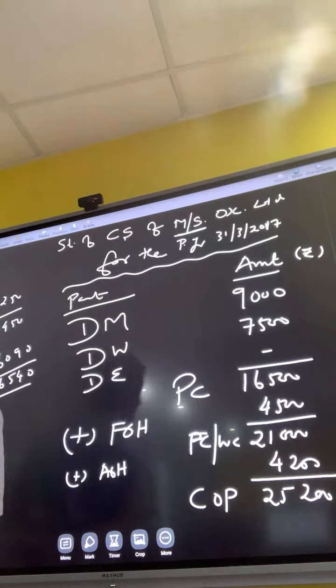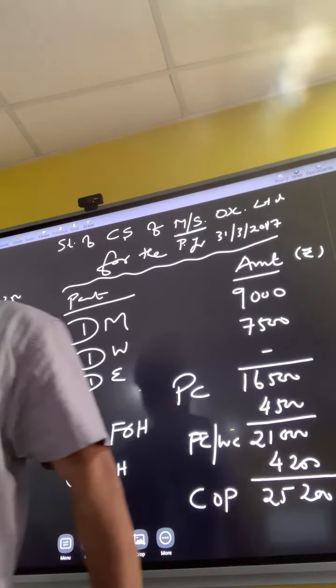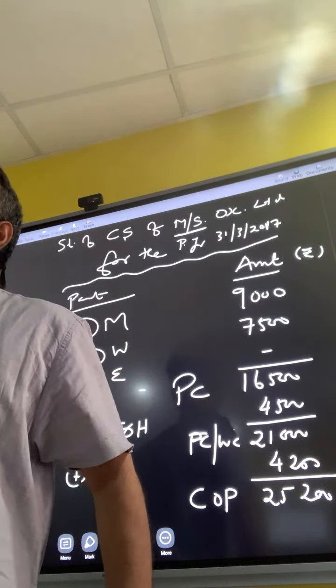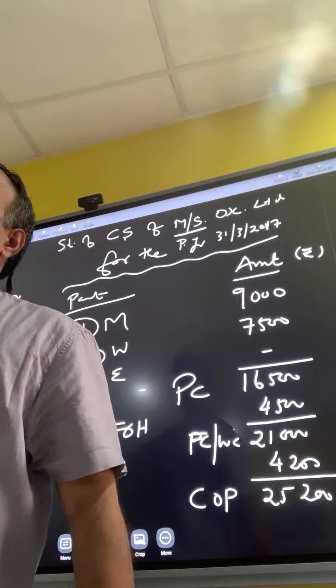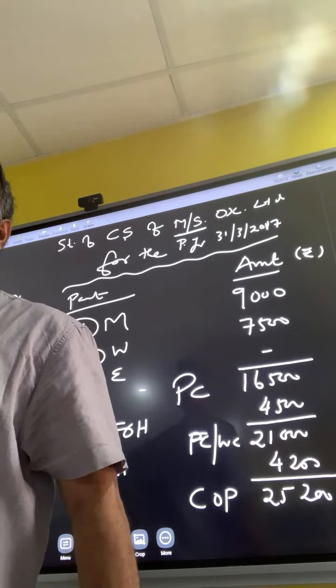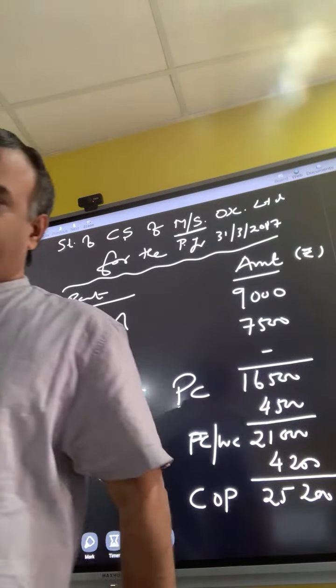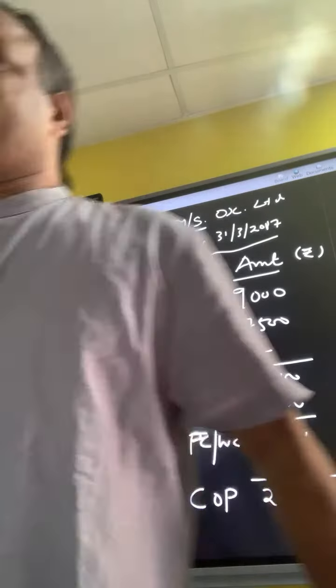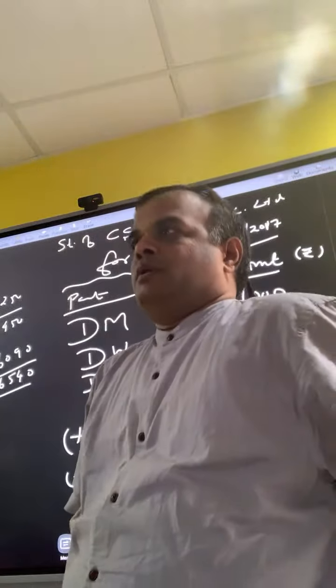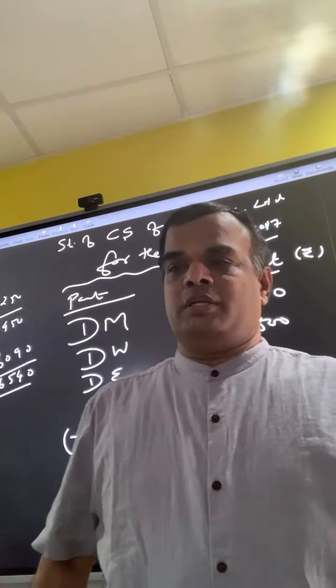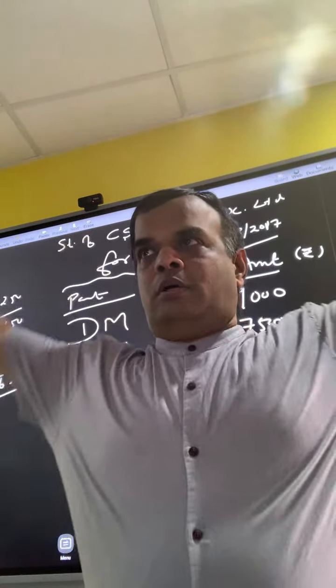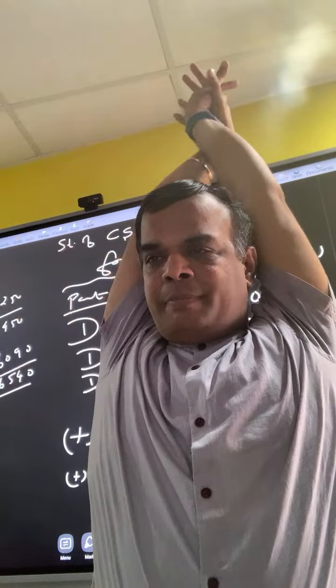Statement of what? Comprehensive cost sheet for Messrs. Negative Income Company. Good. Statement of comprehensive cost sheet of Messrs. Negative Income Company.